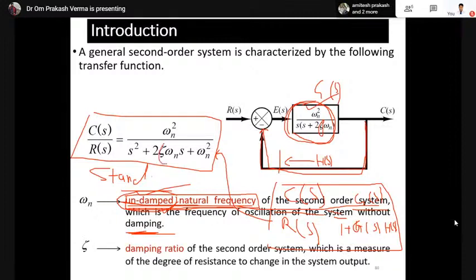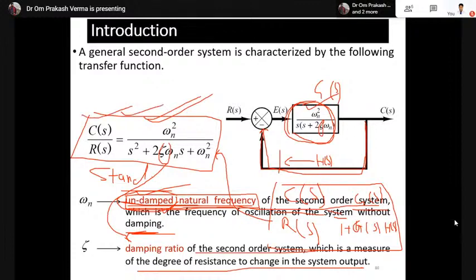So next is the zeta. Zeta is basically the damping ratio of the second order system, and it measures the degree of resistance to change in the system output. You have to remember this equation, because it is one of the most important equations of the control system and is widely used.